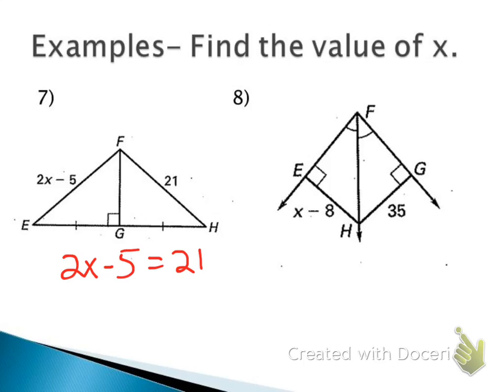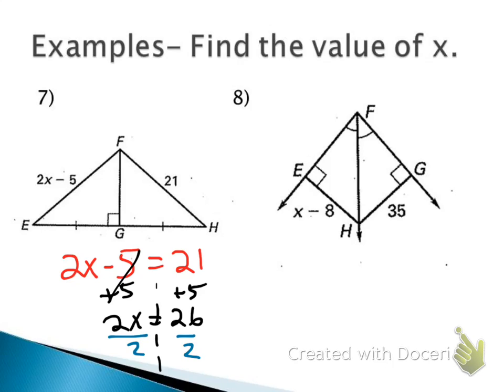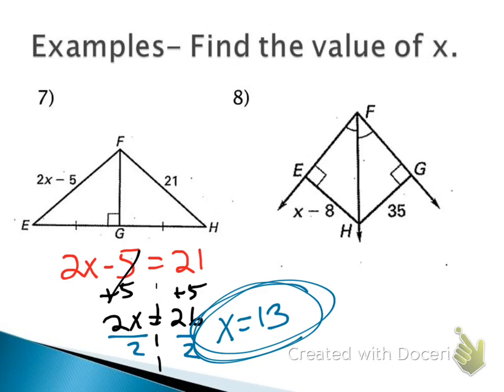It's the same thing. To solve this, what do I do? Add 5. Very good. So 2x equals 26. Then what? Divide by 2. Very good. So I'm going to come up with x equals 13. What are your questions on that one?